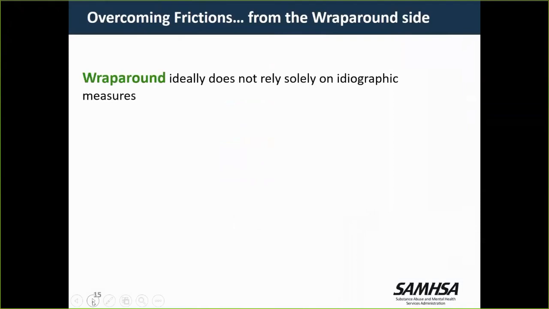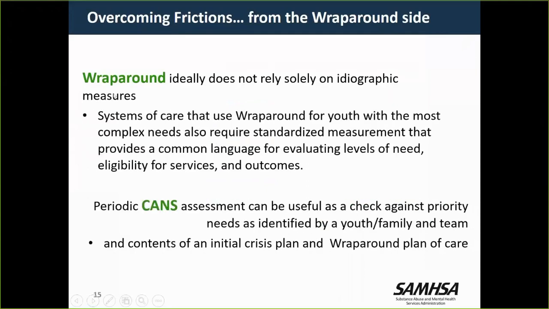So from the wraparound side, riffing on that point, when you are doing a full wraparound process, convening a team of individuals that are supporting the youth and family, including natural supports, wraparound ideally does not rely solely on ideographic measures. Systems of care that use wraparound for youth with the most complex needs also do require standardized measurements.